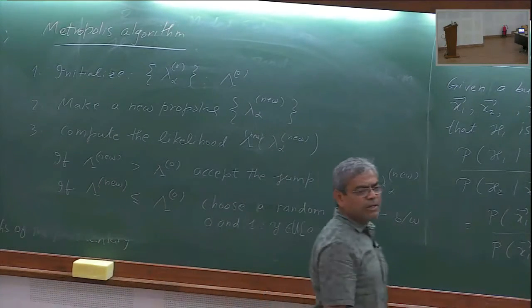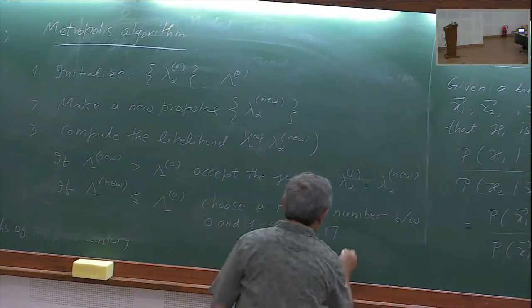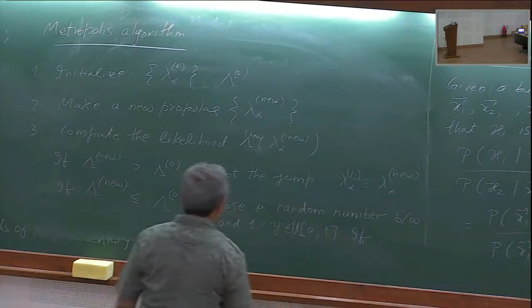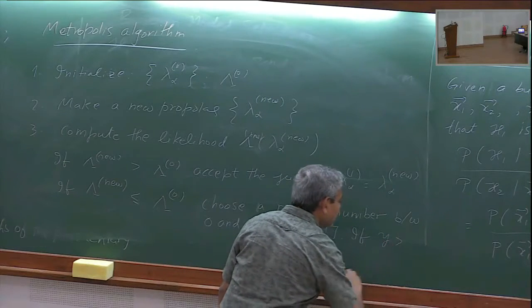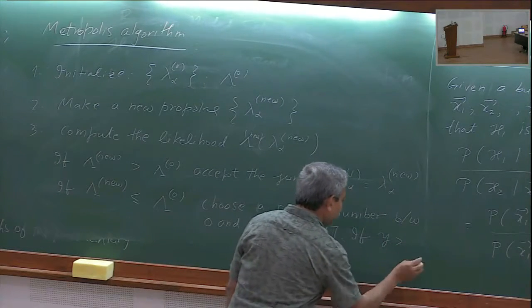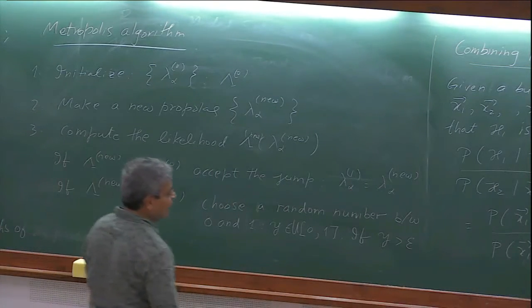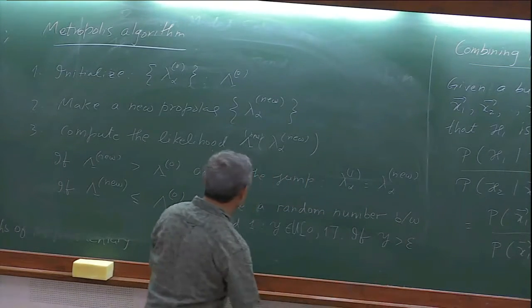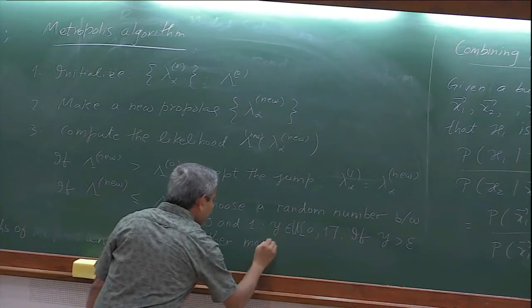And then you can choose the threshold. It could be 0.4, 0.3, whatever you wish. If y is greater than epsilon, which is your threshold, epsilon, which is between 0 and 1, then make the jump.